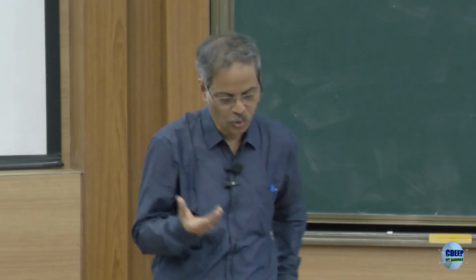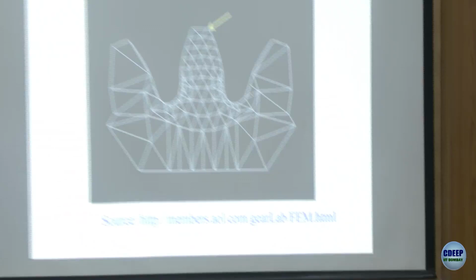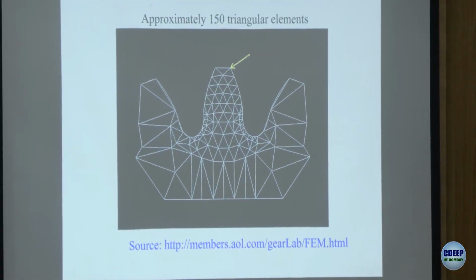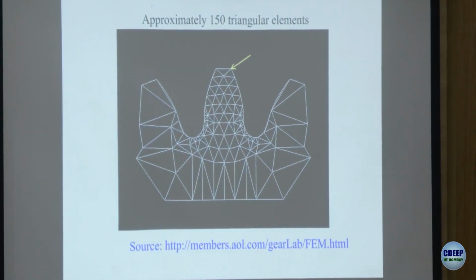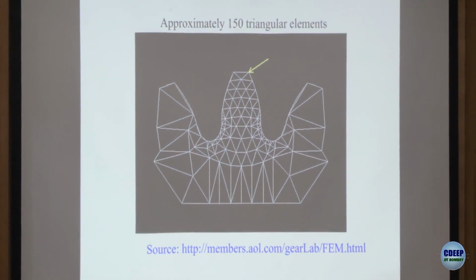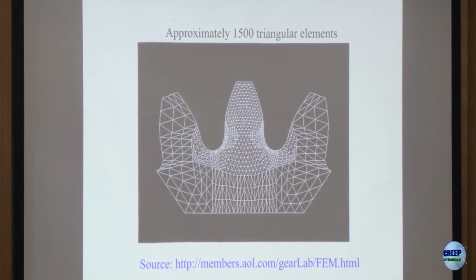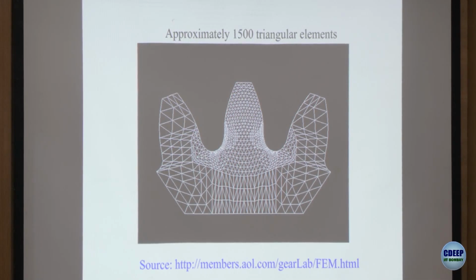So you could do a very coarse mesh if you want to just try it out and see whether you are getting some reasonable results, and whether they are matching with your handbook design formulae that you have used, or you could do a very fine mesh. But the domain is simplified based on all the considerations that I have just now mentioned.